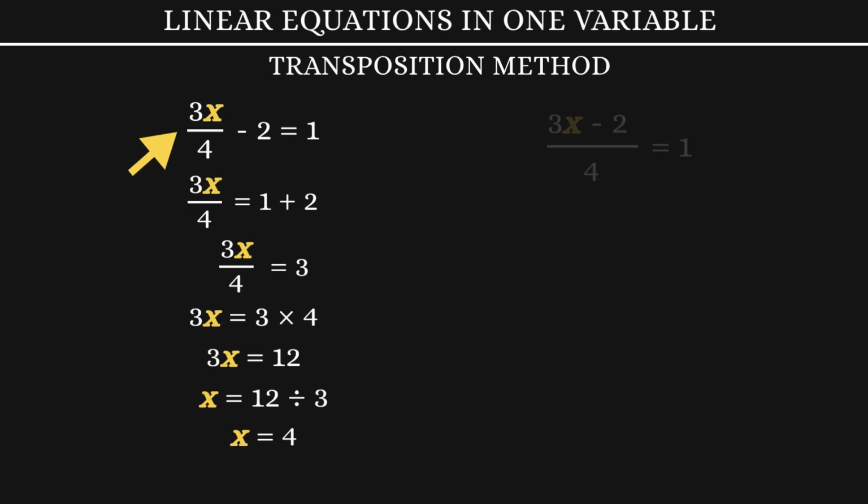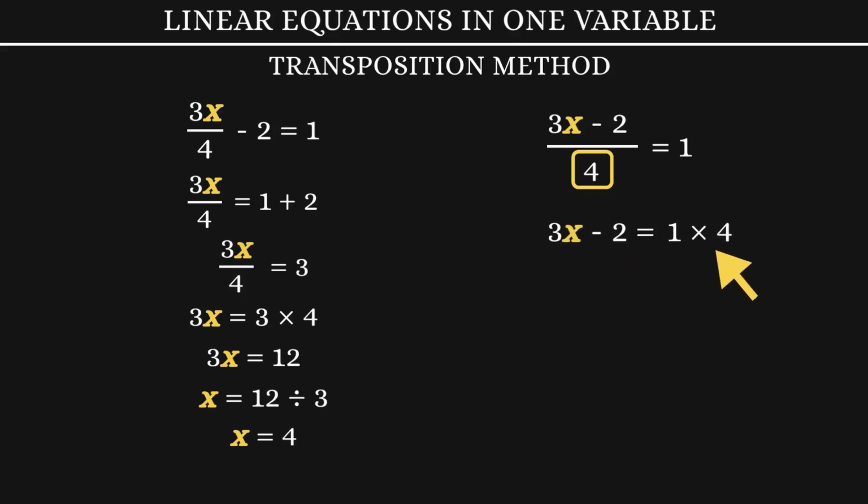Now let's see what happens in this case. Here 4 is the common denominator on the left side. So first we'll move the 4 to the other side. Division becomes multiplication. 3x minus 2 is 1 into 4, which is 4.